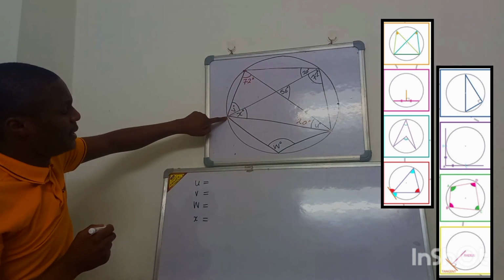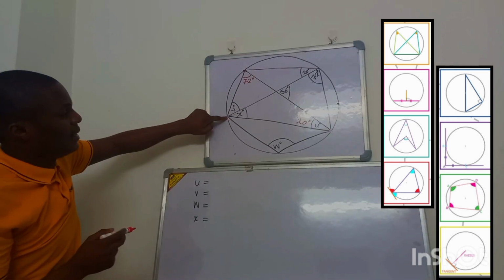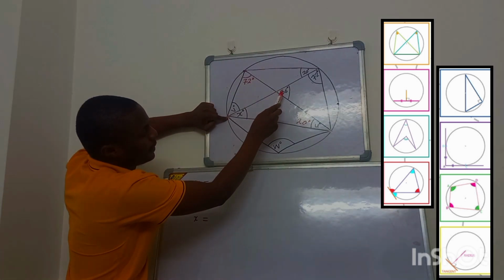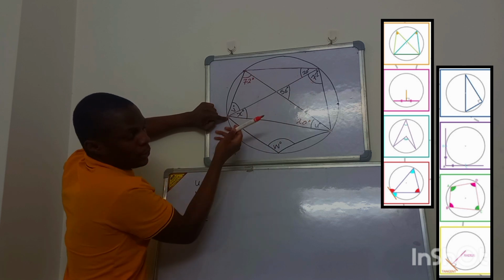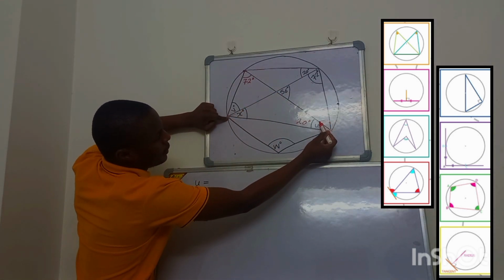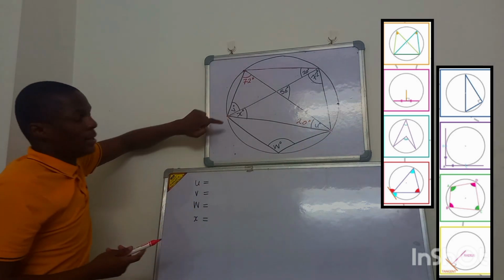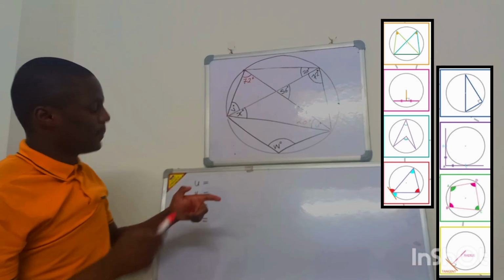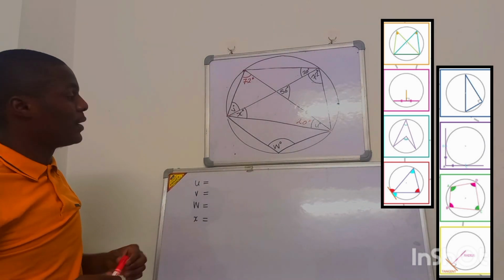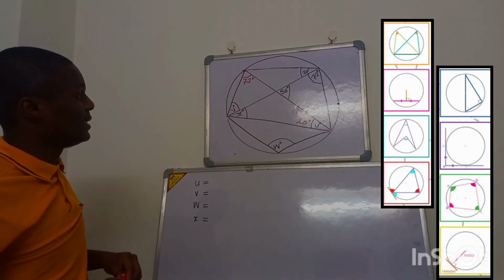Right? After this, let's see, we have this triangle with 72, 56, and this angle here. So we can say that the angles inside a triangle add up to 180 degrees.